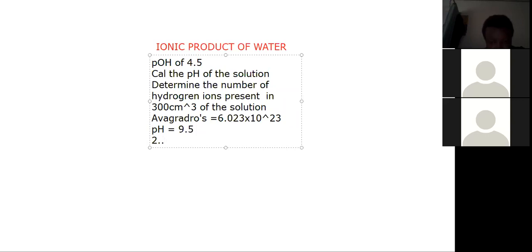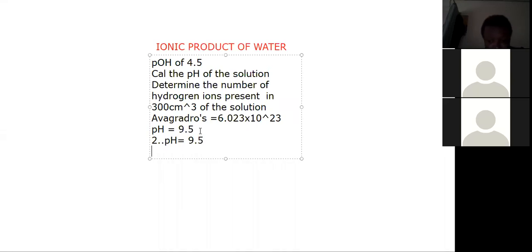So we've been able to find out that our pH is equal to 9.5. Yours is correct, and your work is correct. So our pH, if you want to get the concentration of the hydrogen ions in the solution, given our pH, what do we do?